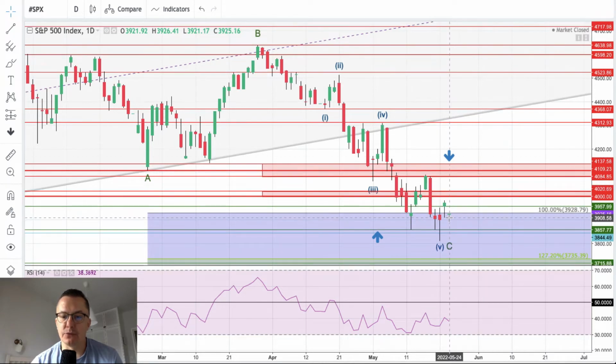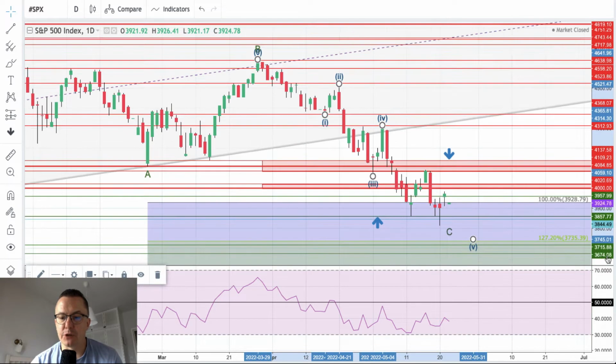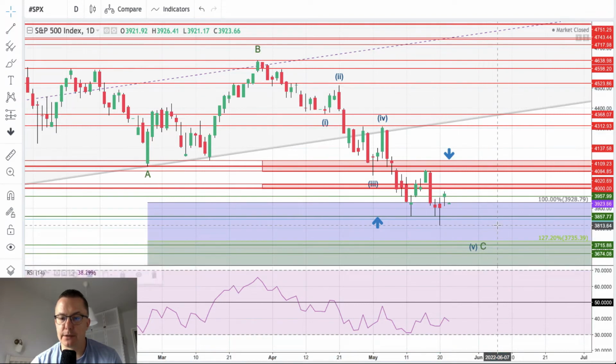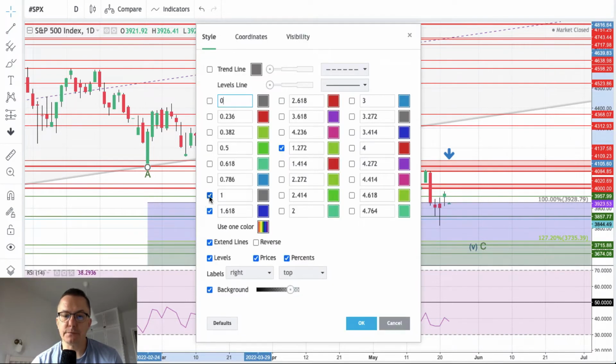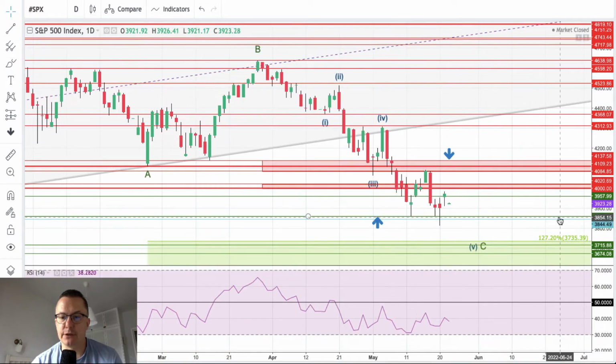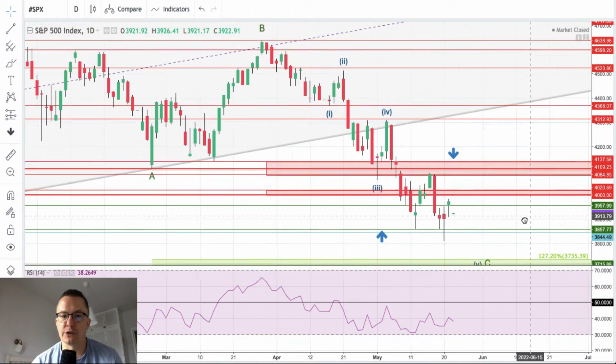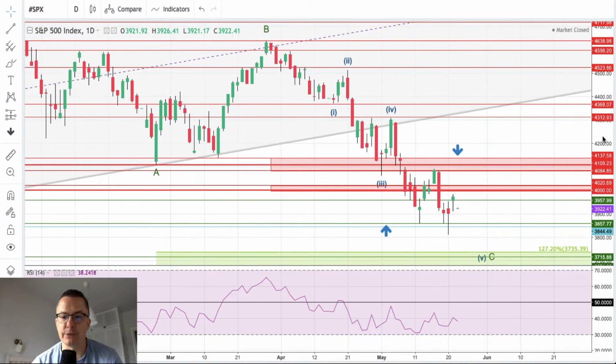If the market does not rally above 4,157, we might extend the target for wave 5 towards the 127% Fibonacci extension at 3,735 points, and this might be another level very popular for extensions during an Elliott wave correction to the downside, and to the upside, of course, as well.